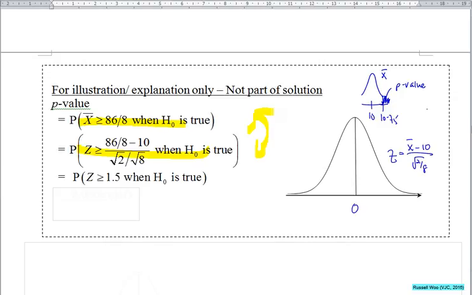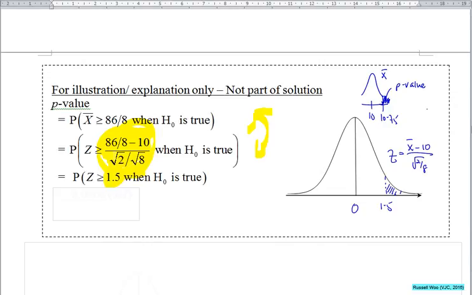So actually, the p-value is this value, where I take 1.5. This one is actually 1.5. You don't believe, you calculate. 86 over 8, that means 10.75 minus 10 divided by root 2 over root 8.